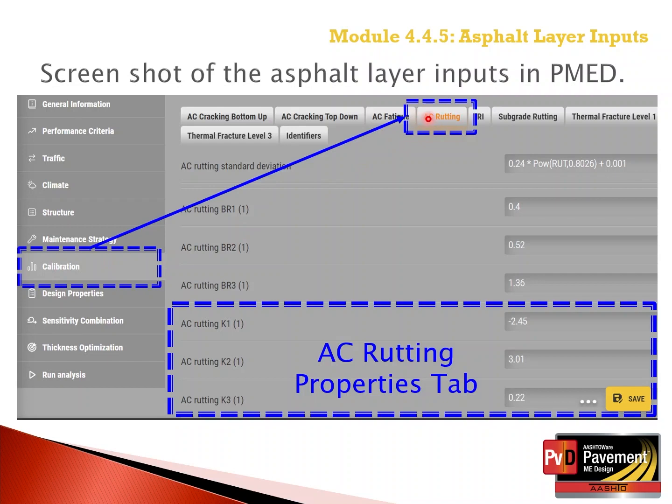The asphalt rut depth coefficients are measured in the laboratory and are defined and explained in a latter section of this module. And it will also be further explained in Module 6 on the flexible pavement design.